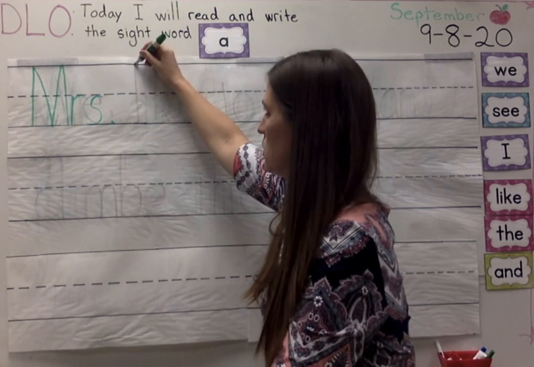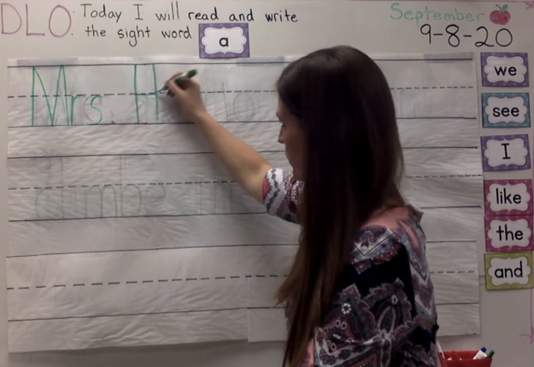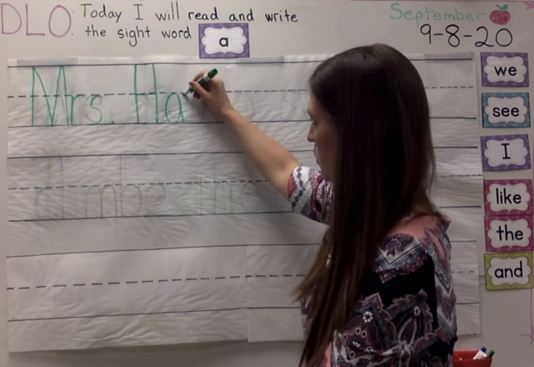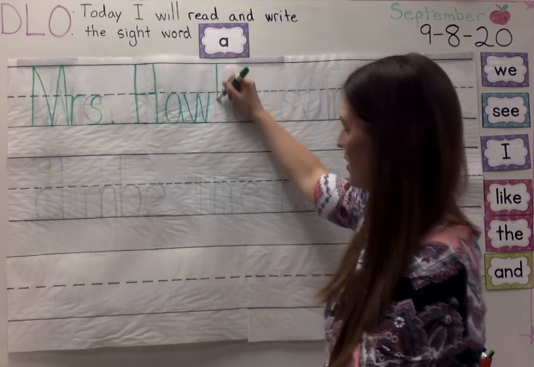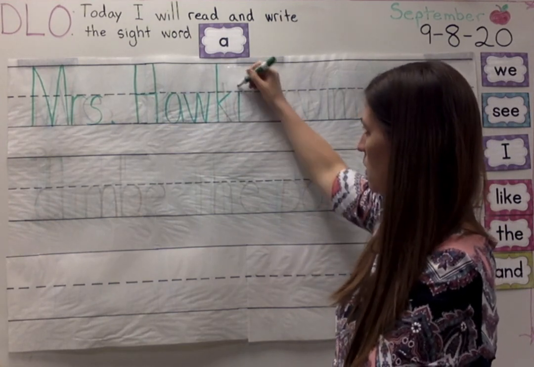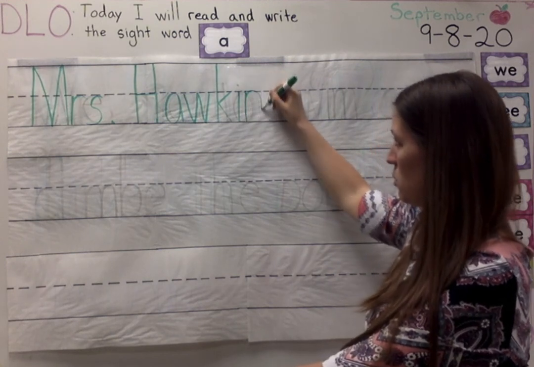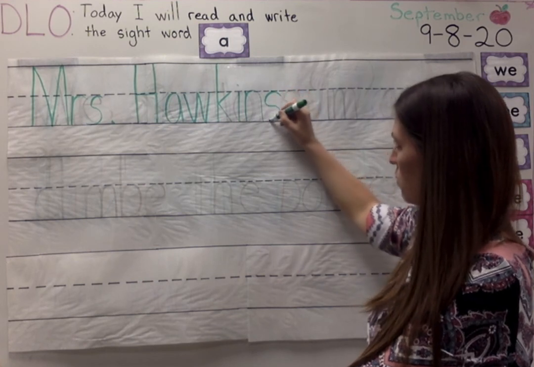Mrs. Hawkins. H, A, W down, up, K down, kick in, kick out, I down, dot, N down, hump, S, curve left, curve right.